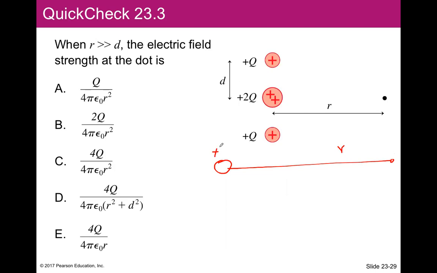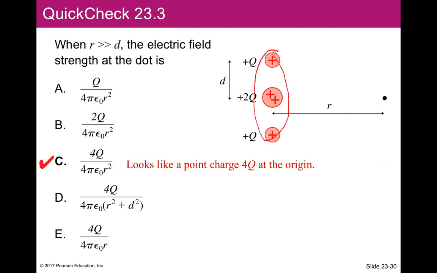You can consider it to be 4Q. Then what's the electric field strength? Simply C. You just consider all the charges to be a point charge because you're too far away to distinguish the very small distances between those three charges.